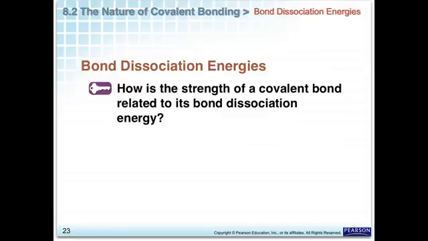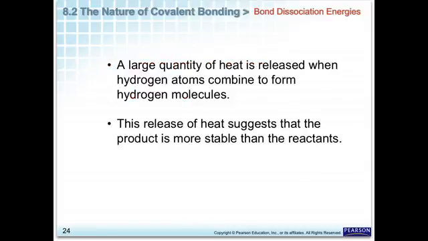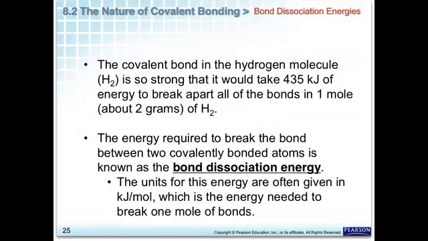The last thing to talk about in this part of the section is bond dissociation energy, which is a way that we measure the strength of a covalent bond. When individual hydrogen atoms combine to form a hydrogen molecule, that H2 molecule, a large amount of heat is released. And releasing heat, meaning energy is given off, suggests that the product is more stable than the reactants.